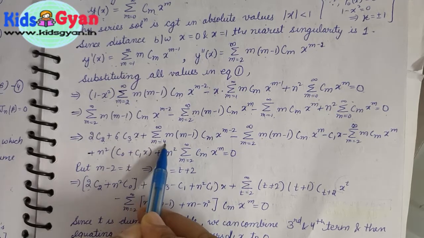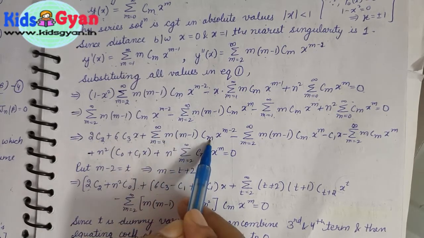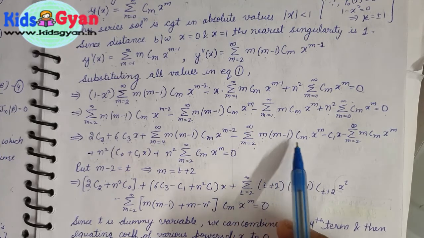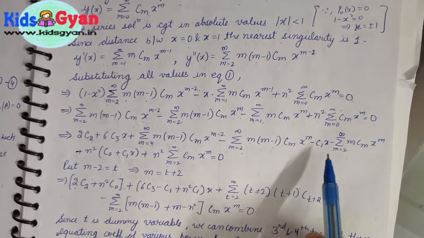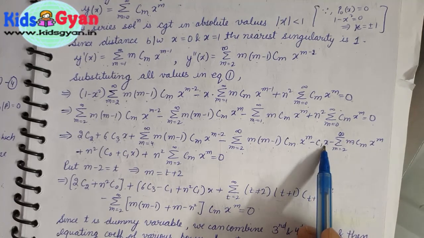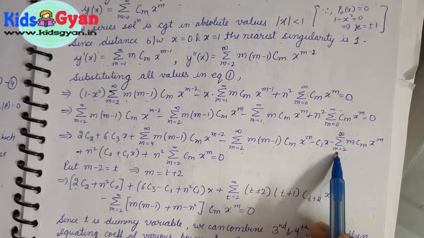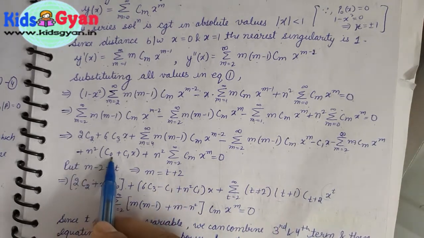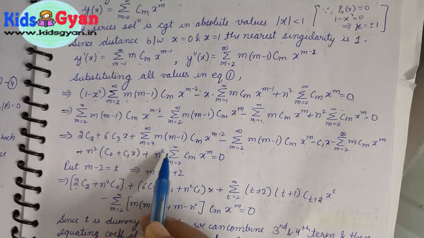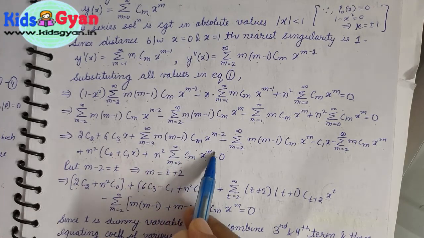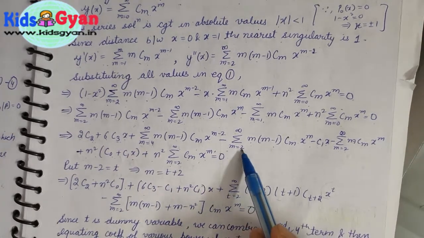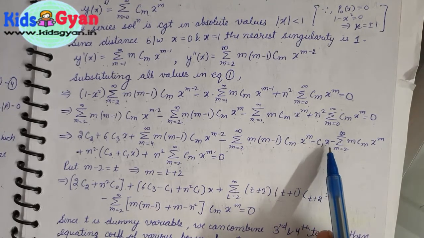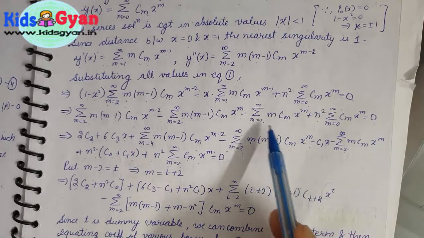Next is m = 4 to infinity of m(m−1) c_m x^(m−2), minus the terms m(m−1) c_m x^m from m = 2 to infinity, minus c_1 x, minus m = 2 to infinity m c_m x^m, plus n² c_0 plus c_1 x plus n² summation m = 2 to infinity c_m x^m.